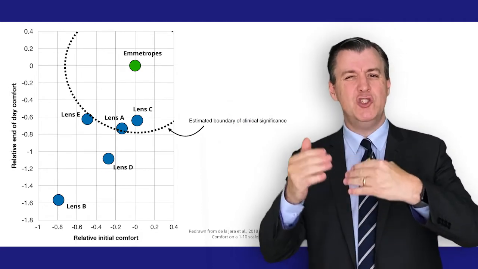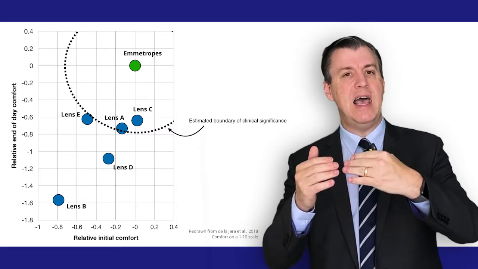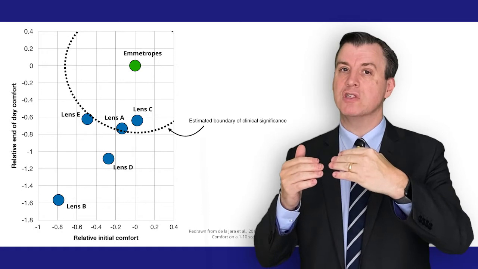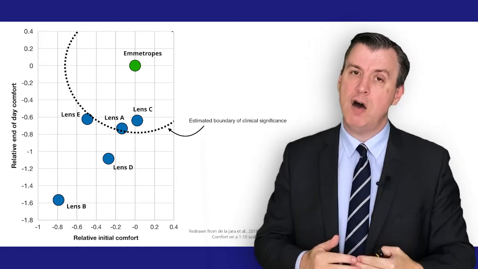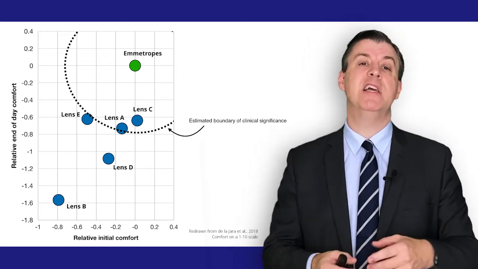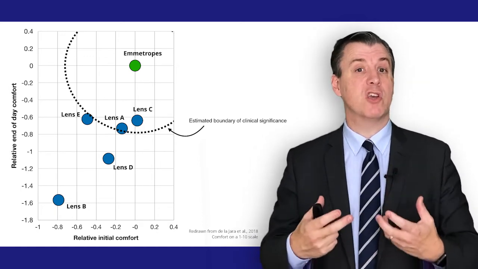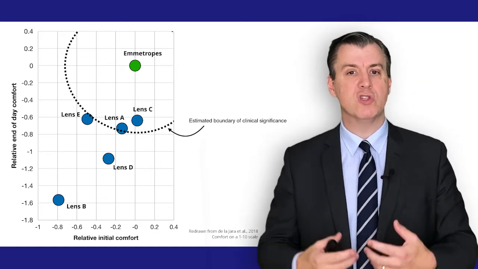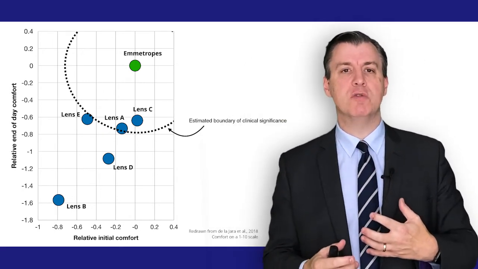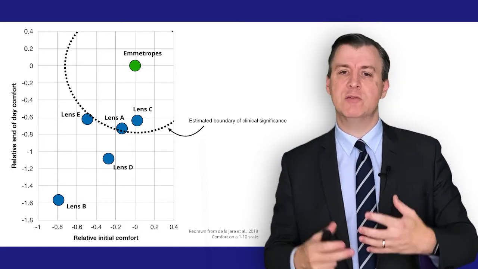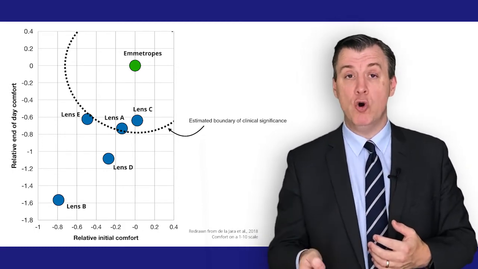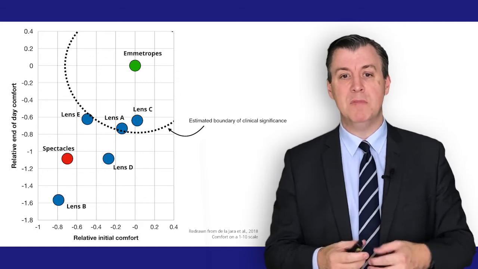So on average, not much difference from an emmetropic non-lens wearing group. So that's about as good as we can get with a contact lens. And again, that means probably half of wearers would have a noticeable difference. And there are one or two brands that appear to be a long way from the comfort that emmetropes report. So overall, the best we can get is approaching what emmetropes feel when wearing contact lenses, but quite a few brands are noticeably poorer for contact lens discomfort.